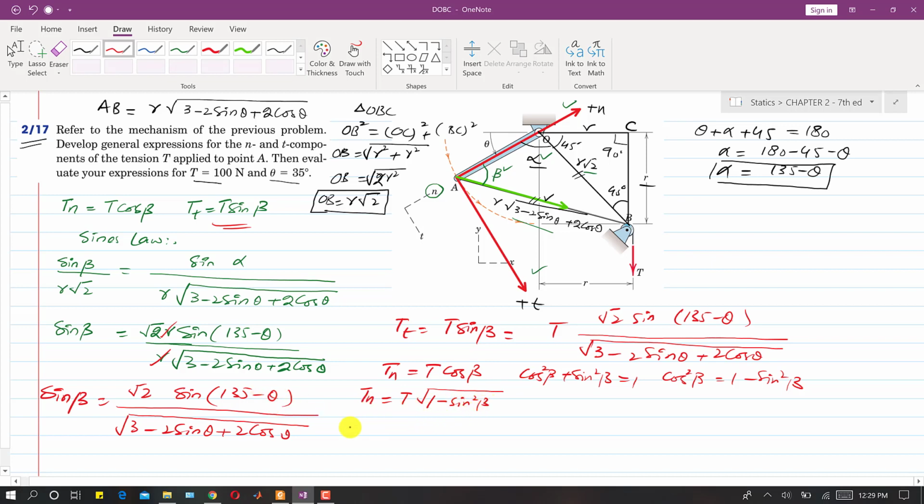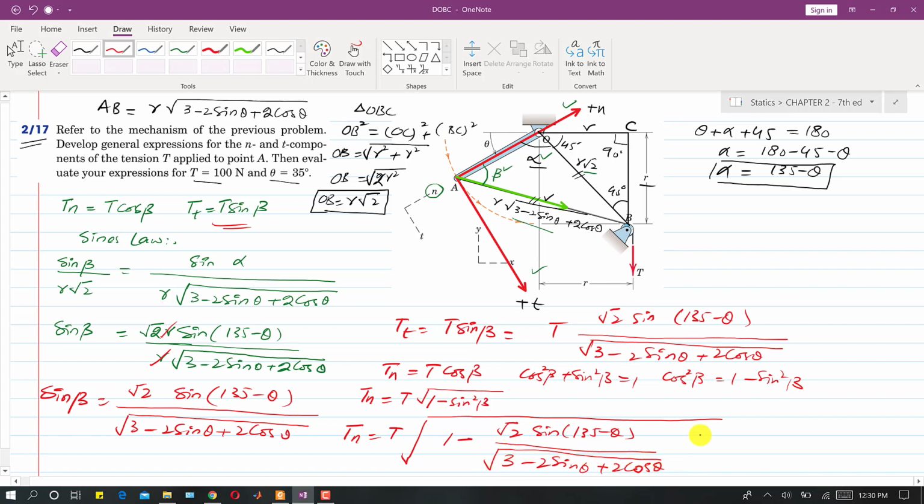Then we put this sin beta here as well, so Tn will be equal to T times the square root of 1 minus the square of the quantity square root of 2 sine of 135 minus theta divided by the square root of 3 minus 2 sine of theta plus 2 cos of theta. So this is the Tn component.